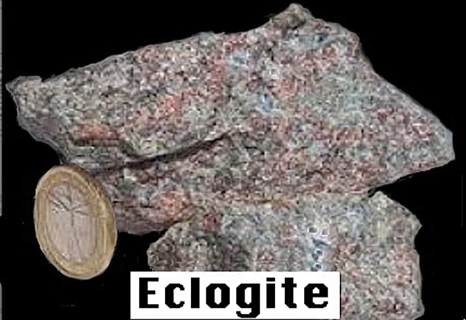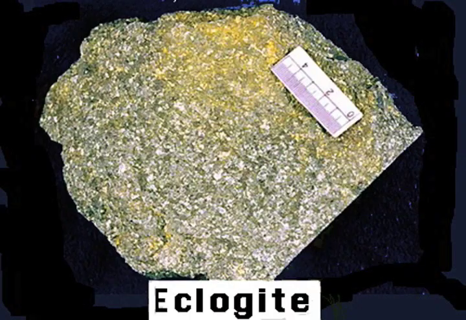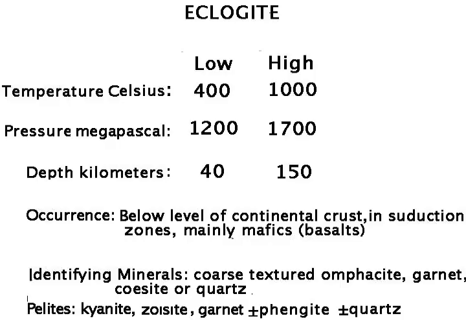The culminating eclogite facies develops only in mafic igneous rock, usually basalts or gabbro, and is characterized by omphacite and coarse-grained garnet. The very high pressure suggests subduction to at least 35 kilometers, well below the floor of most continental crust.